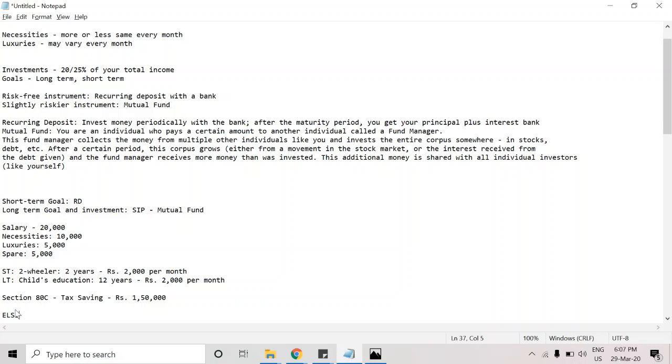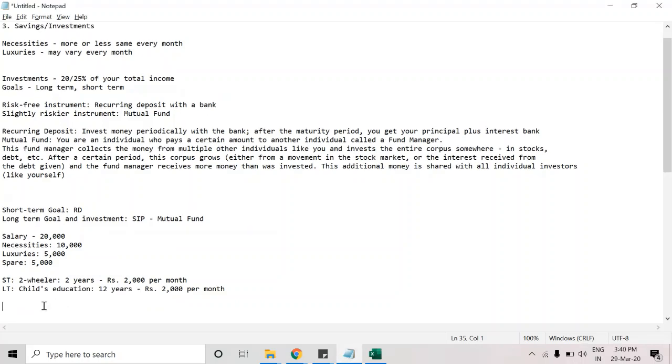One more important thing to note is that you should have at least 3 months of your expenses in a liquid account. By liquid, I mean this should be in an account or an instrument from where you can withdraw within one day.